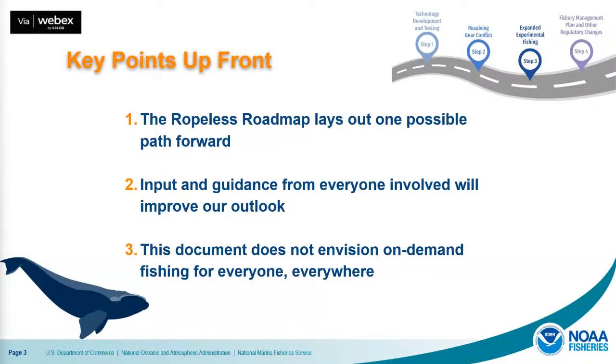It's highly complex, and we know that the technology is developing, and we know that the regulations are developing too, and the need for risk reduction to protect right whales from lethal entanglements is also developing at a rapid pace. So we want to clarify that up front to show that we have laid out here one possible path forward, but we know that that will be guided by input from you all and from other stakeholders in this process so that we can refine our approach over time. That's why we're presenting to you a draft today and asking for feedback, and we can discuss towards the end of the talk plans for refining this approach over time.